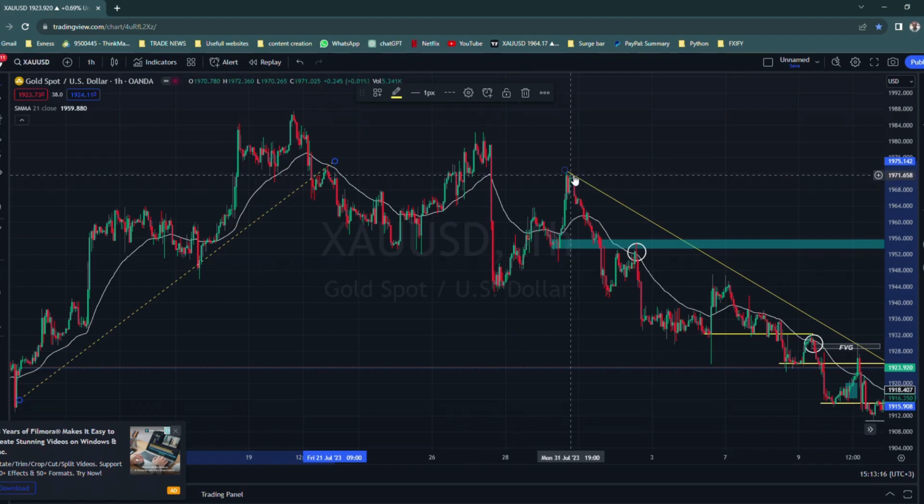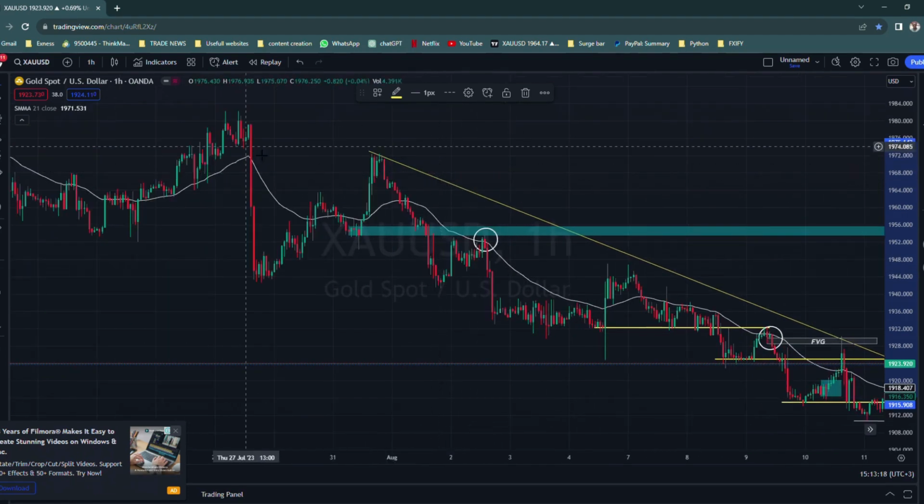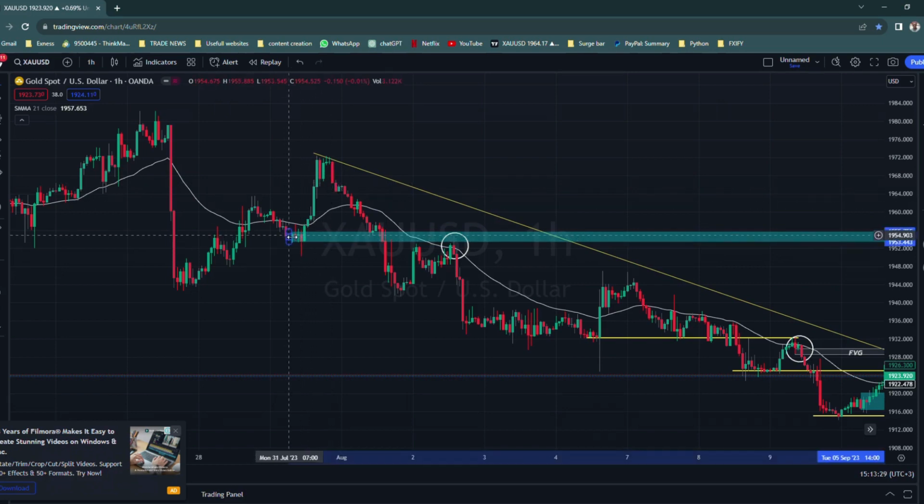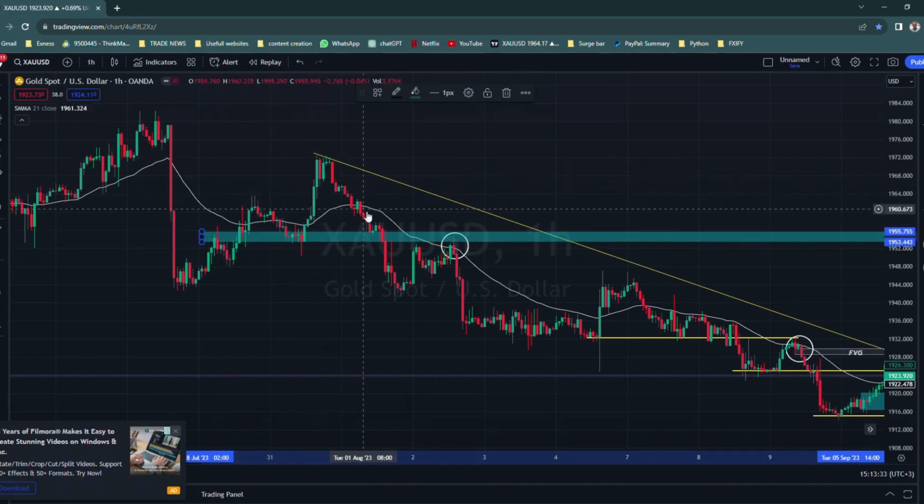So price pushed back and came back into the supply zone to try and create new opportunities to move to the downward side. And again, there's a support which was created, as you can see here. Support broken and retested above, then the support was broken to the downward side.